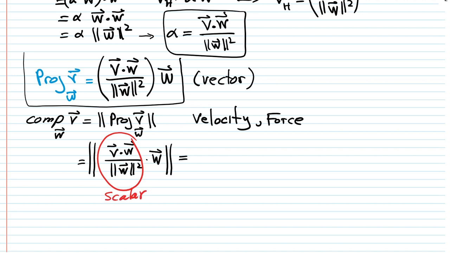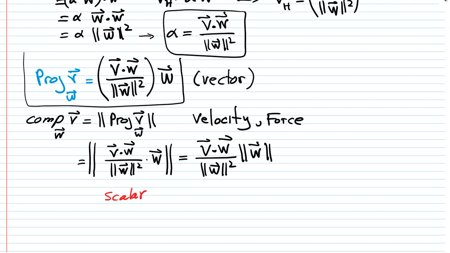So when you take the magnitude, you can bring the constant outside. So that's v dot w divided by magnitude of w squared, and then just the magnitude of vector w. It's kind of like factoring.